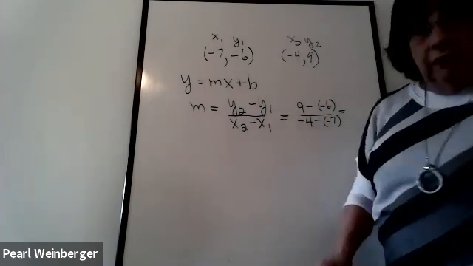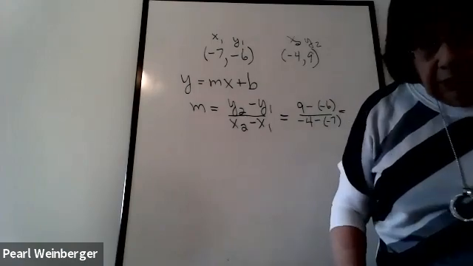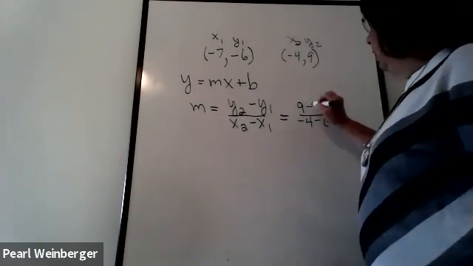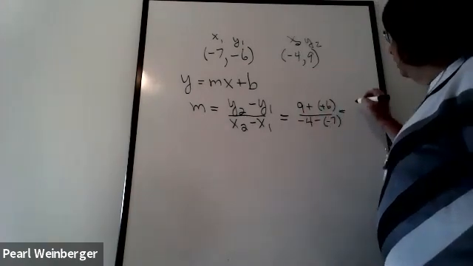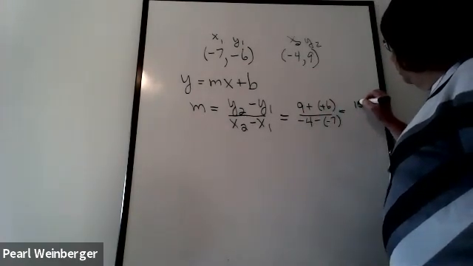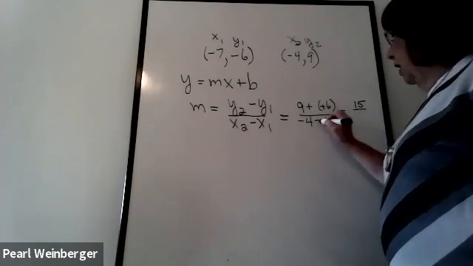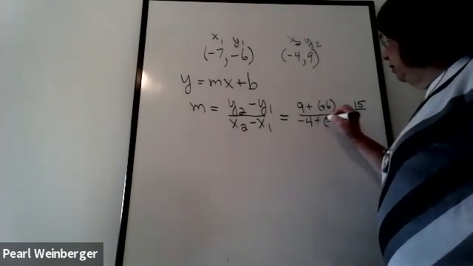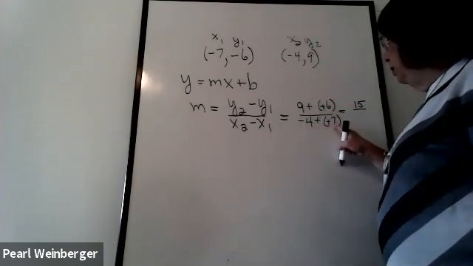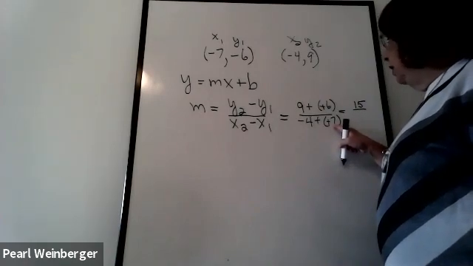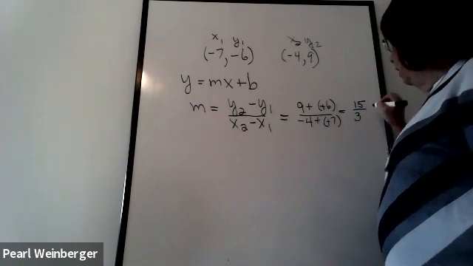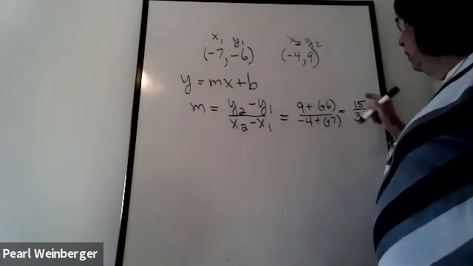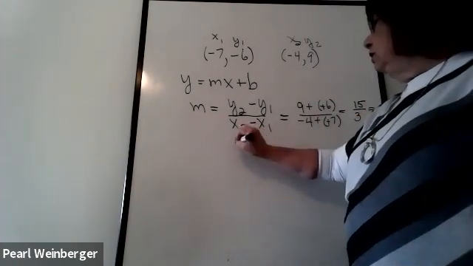Remember, just be careful with your numbers, be careful with your arithmetic. A minus and a minus becomes a plus, so 9 plus 6 becomes 15. And this also becomes a plus, -7 plus -4 plus 7 becomes +3. And therefore, our slope is 15 over 3, which can be reduced to 5.